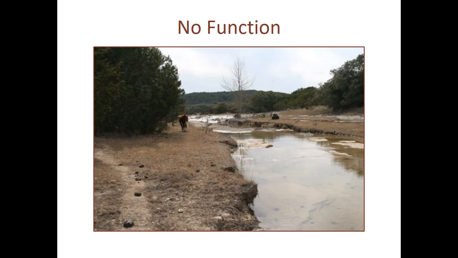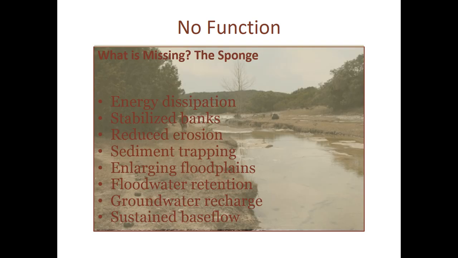The riparian area along this creek in Gillespie County is not functioning very well. It is clearly missing adequate vegetation, landform, or large woody material to dissipate stream energy, so none of the other processes can begin to occur. There is no sponge present, and therefore the following are inhibited: energy dissipation, stabilized banks, reduced erosion, sediment trapping, enlarging floodplains, floodwater retention, groundwater recharge, and sustained base flow.